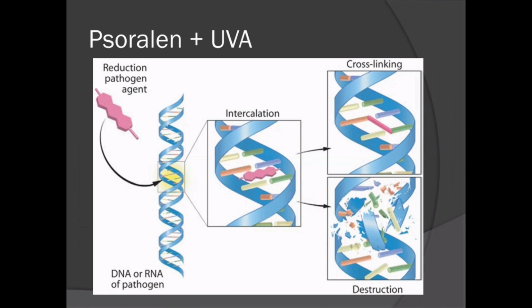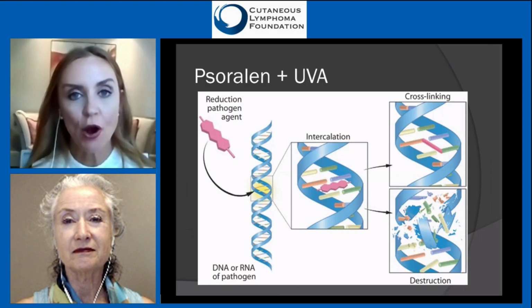You mix them with psoralens, which is a type of medication that causes the usually dynamic, constantly spinning DNA double helix to get sort of jammed up. And I explain this to patients as if someone put a twig in the spokes of a bicycle wheel. All of a sudden it stops. And so that causes the DNA to break open, which releases the malignant or atypical lymphocytic DNA material out into the greater circulation.